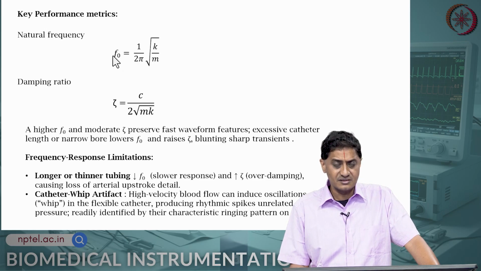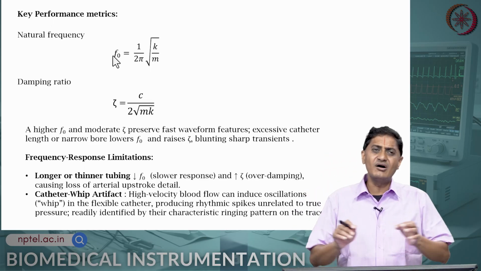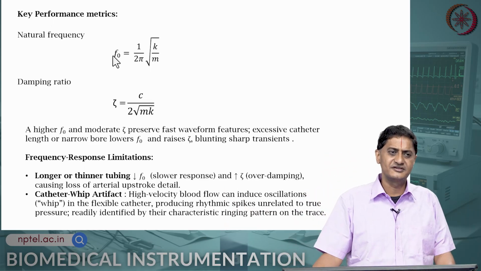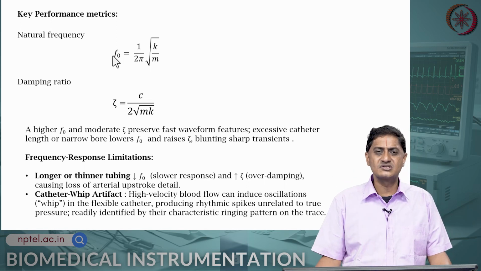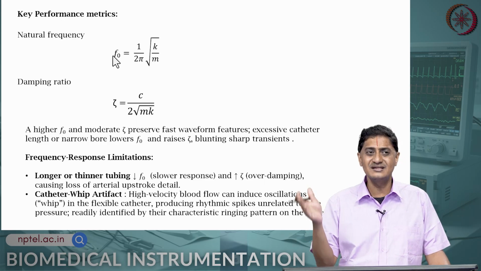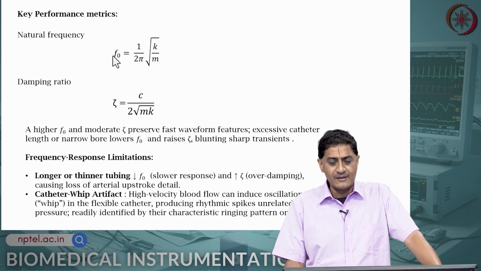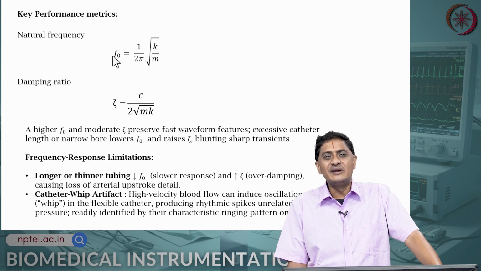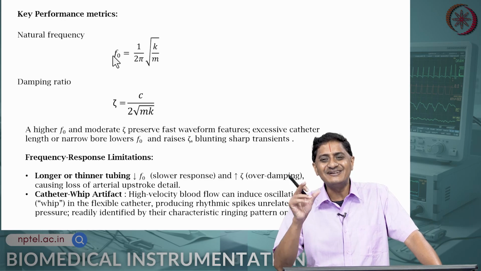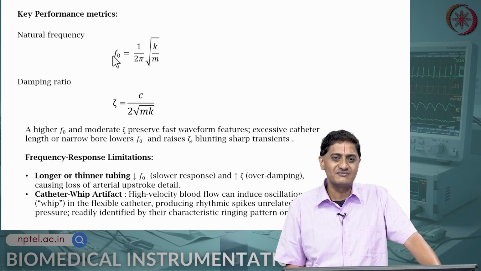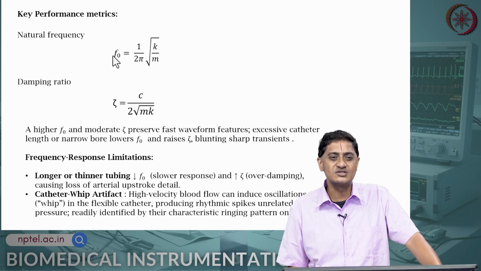But if you have a very long catheter, or if the radius of the catheter is too small, then it essentially reduces the natural frequency and raises the damping ratio, thus reducing the ability of the system to measure sudden changes. Sharp transients will not be measured if the length is too long and or if the radius is too small.